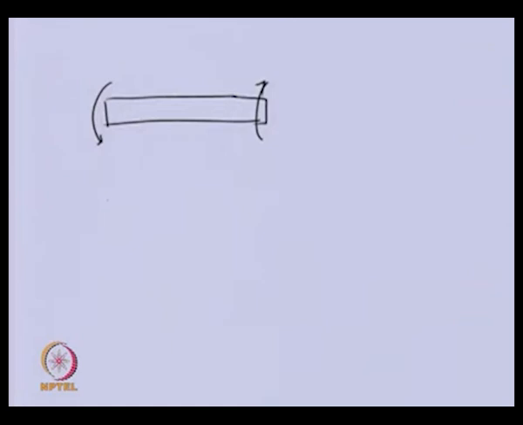Sometimes we provide some kind of external damping in the shaft. So, we join this shaft with some kind of external damper like this.